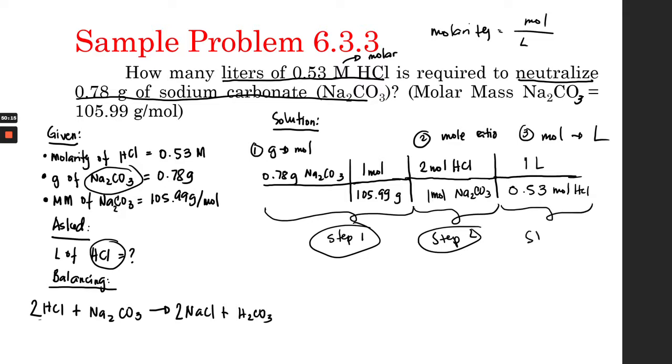And step number 3, we change the moles to liters. If this is grams, use molar mass. In this case, since this is liters, we have to use molarity. And by typing that in your calculator, you would get about 0.03 liters of HCl.